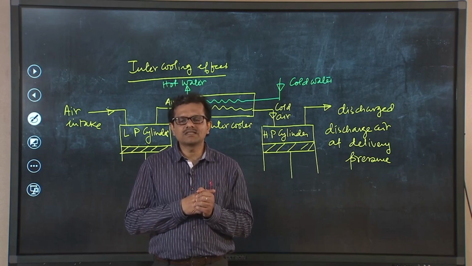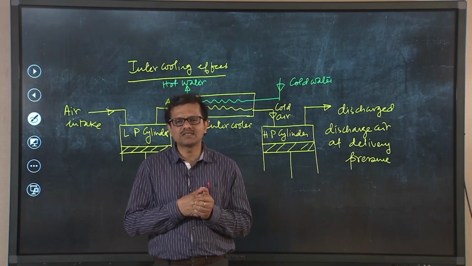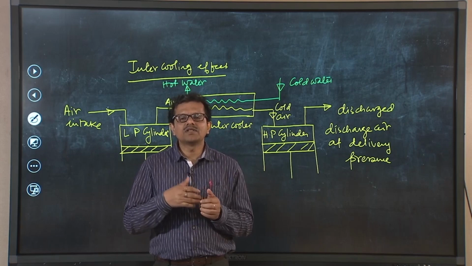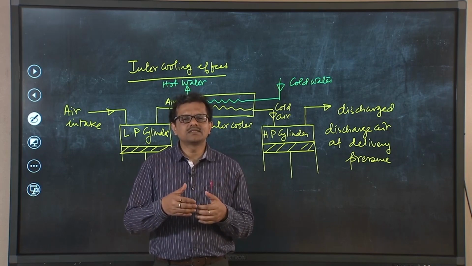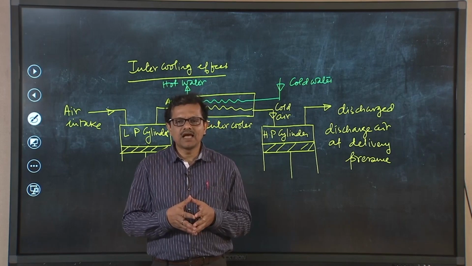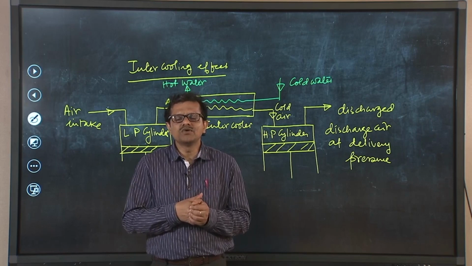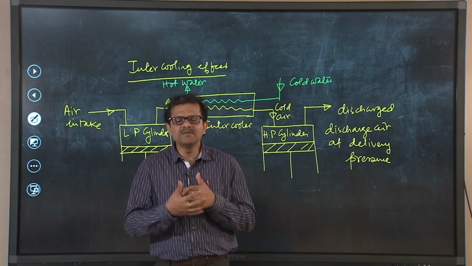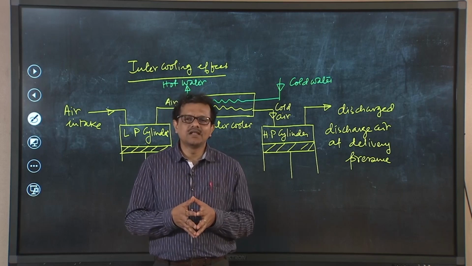Finally, we have discussed about the requirement of multistage compression, and for the multistage compression we had seen that intercooling is very much essential, and if we need to go for multistage compression, certainly intercooling will be there, but this arrangement eventually reduces the cycle efficiency.